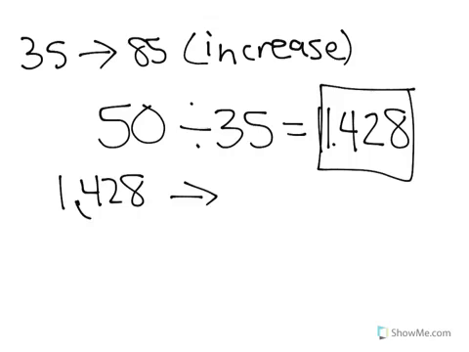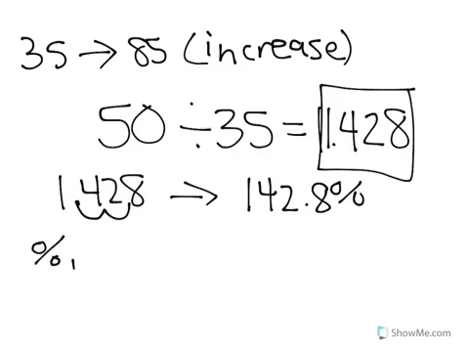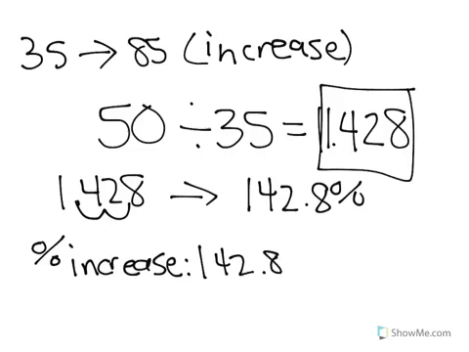Well, what we do is we bump this two places over, and it means it is 142.8% increase. And so what you would do is, next to the percent increase line, you would write 142.8%.